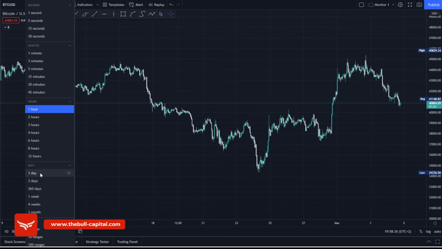If you trade on a daily time frame, you do one trade in a few days. The time of the trade is longer or shorter, but also the gains are bigger or smaller. So these are the time frames. I hope you understand what a time frame is, and that the swings are bigger or smaller depending on the time frame.